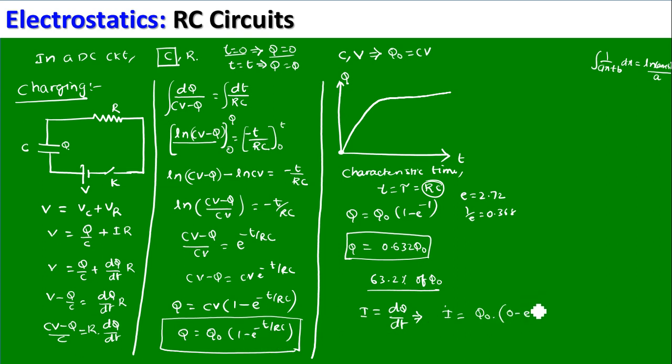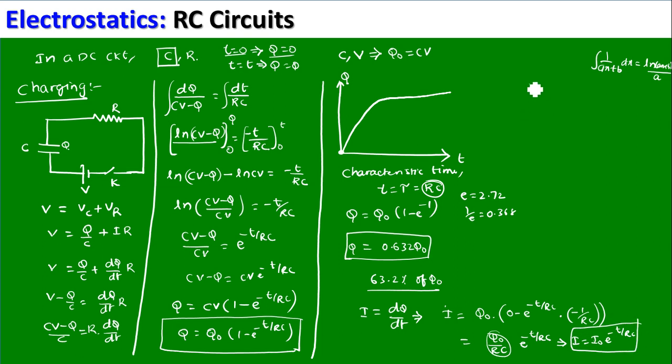E power minus t by RC, on differentiation stays the same, but you should get the coefficient of time as a multiplication factor, minus 1 by RC. Understand? So this minus and that minus cancel, you get q naught by RC times e power minus t by RC. Can I say this is I naught? Yes. So I is equal to I naught into e power minus t by RC. This is how your current is going to vary.